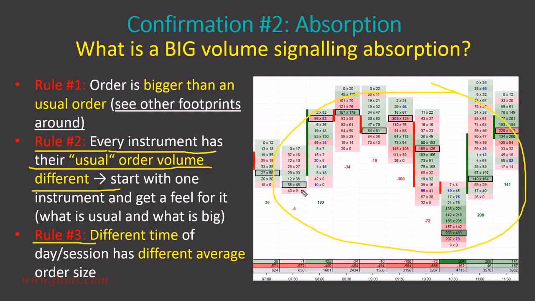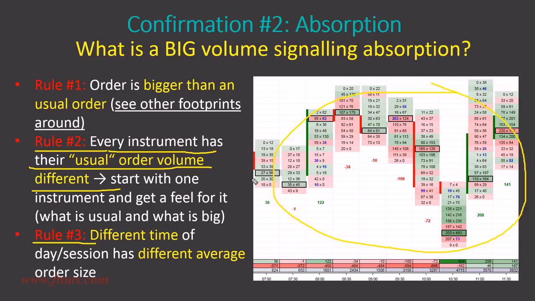But if you went to the ES, Standard and Poor's Index futures, then those numbers would be way higher. So every trading instrument has a different usual order volume, alright? You need to keep that in mind. It's always best to start with one trading instrument, get a feel for it, learn to trade it, and only afterwards start with another one.